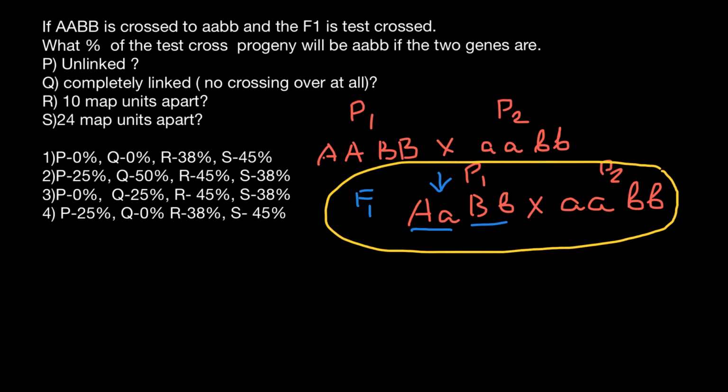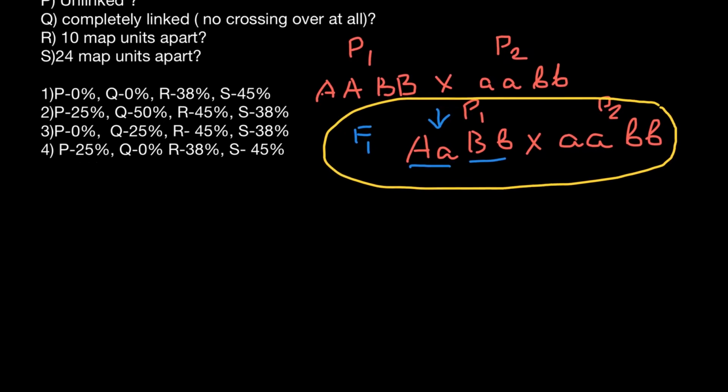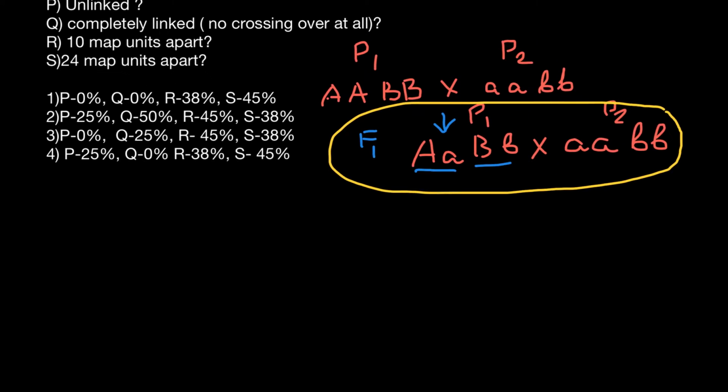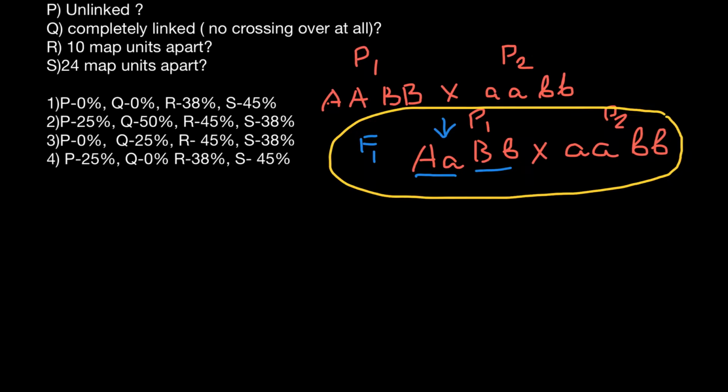Now let me show you a different picture. This time let me draw the chromosomes that we are going to get here. As you know, parent 1 can produce the following gametes. The first variant would be capital A and capital B. The second variant can be capital A and small b.